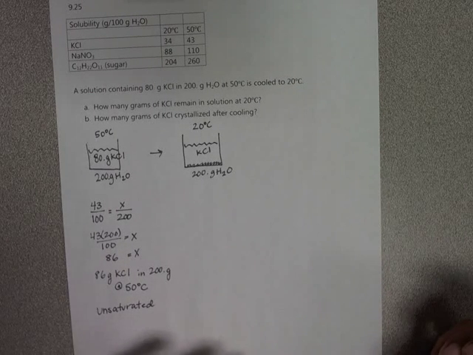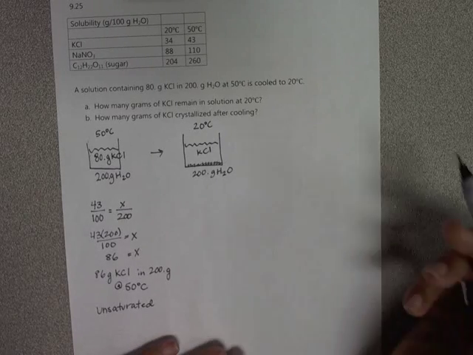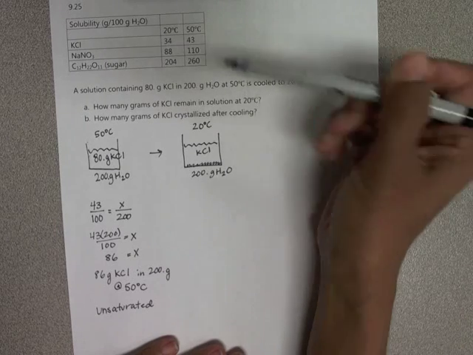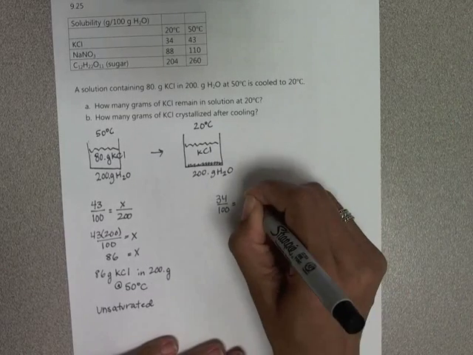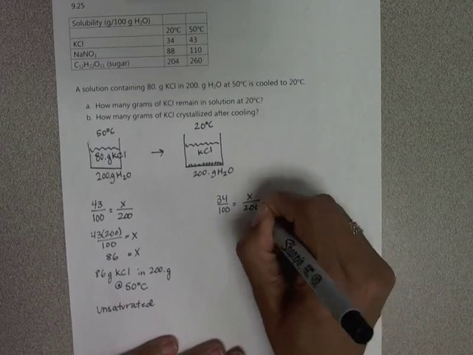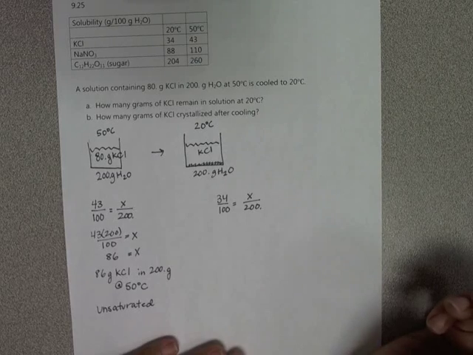All right, let's see what happens when I cool the solution down to 20 degrees C. At 20 degrees C, I can only have 34 grams of potassium chloride dissolved in, again, 100 grams of water. So I want to know at 20 degrees C how much potassium chloride can I dissolve in 200 grams of water.